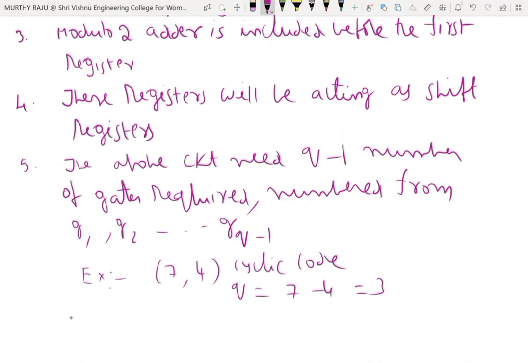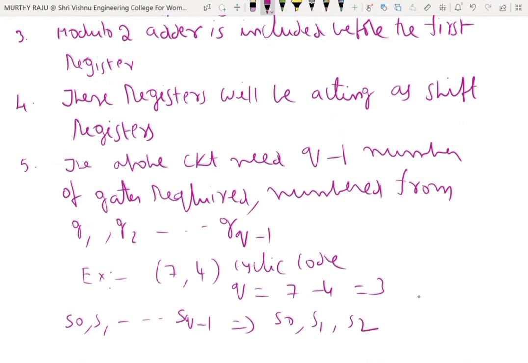Three registers are required, numbered from S0, S1, and so on up to S(q-1), that is S0, S1, S2.